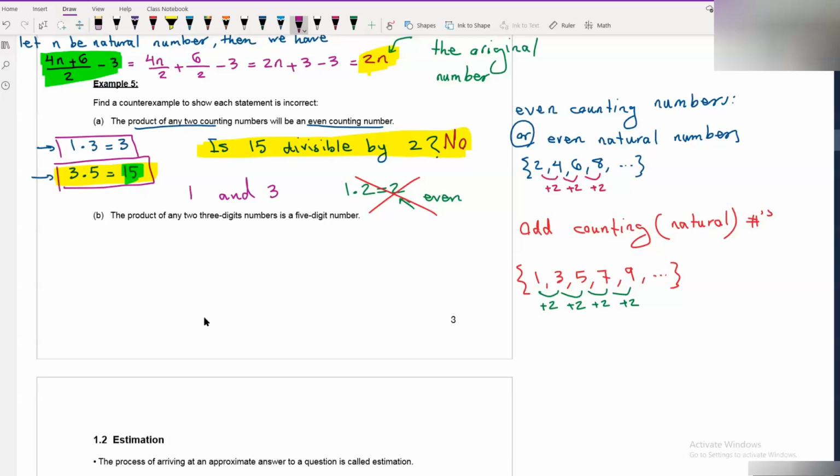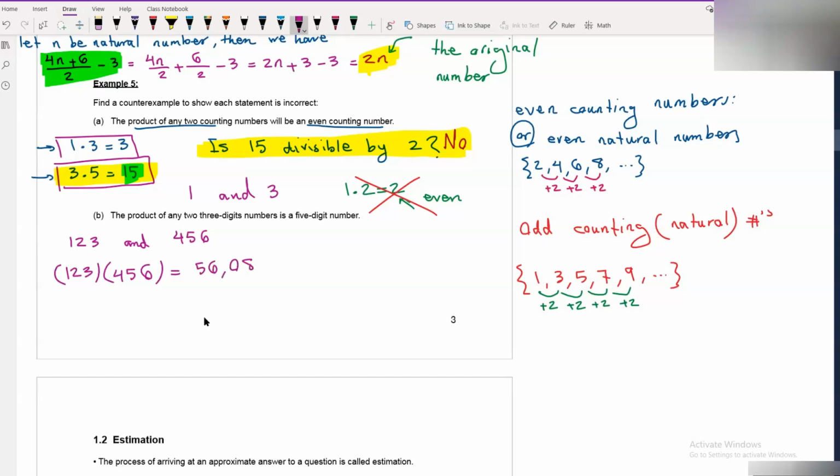I'm going to try, for example, 123 and 456, because it's asking to multiply any two 3-digit numbers. We have 3 digits. I'm going to multiply these two. See what's the answer. It's 5 digits or it's not.